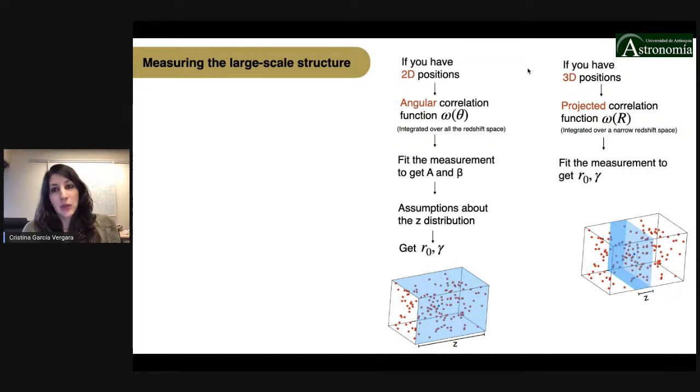In the ideal case in which you have 3D positions, I explained that you can measure the projected correlation function, which is less affected by uncertainties, and this provides a direct measurement of R naught and gamma without any assumption about redshift distribution or about cosmology.